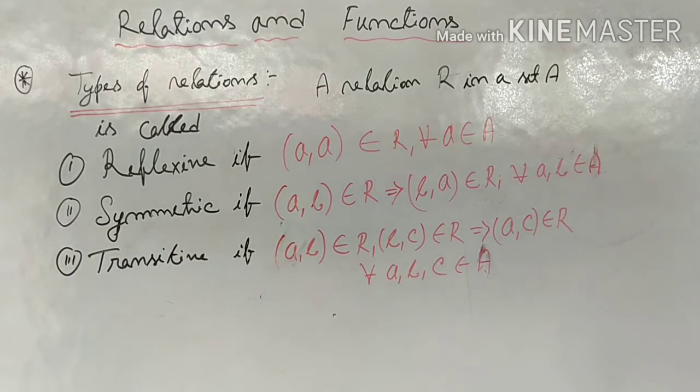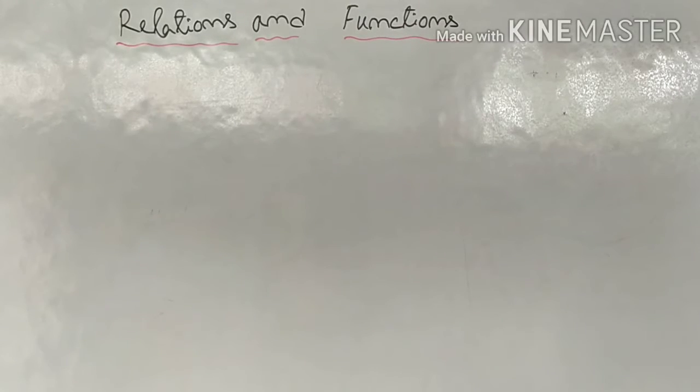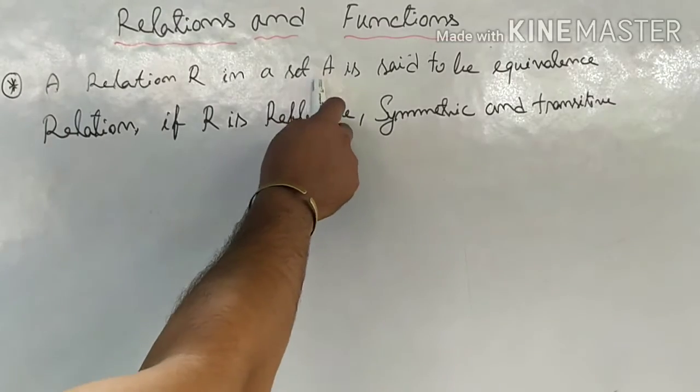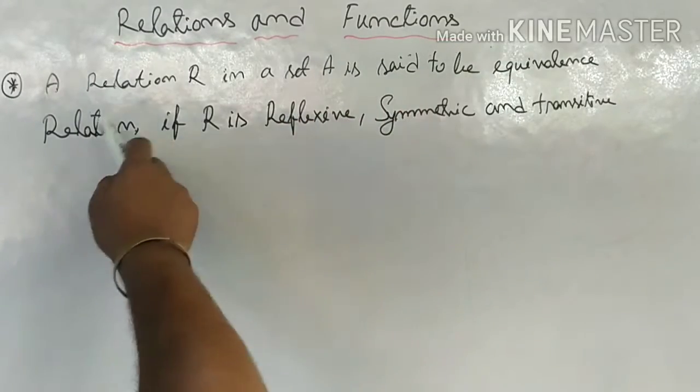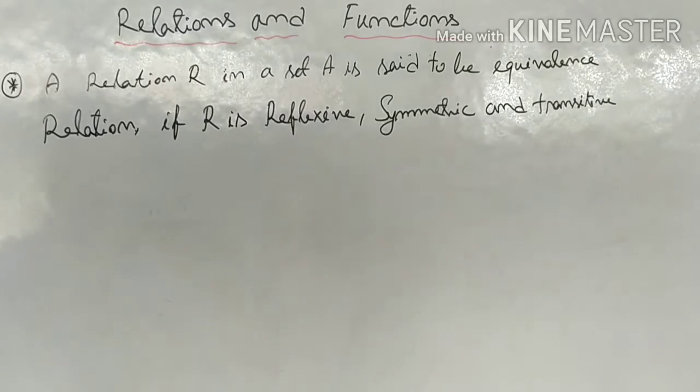Now we see what an equivalent relation is. A relation R in a set A is said to be an equivalent relation if R is reflexive, symmetric and transitive.